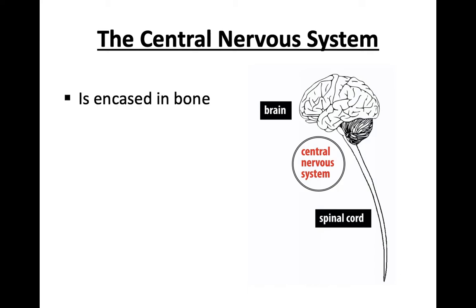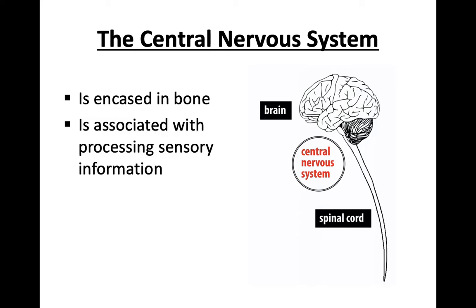So let's talk about the central nervous system first. The central nervous system is the part of our nervous system that is encased in bone. So we have, of course, the brain that is encased in the skull, as well as the spinal cord encased in our spine. And as I said before, this is the portion of the nervous system that is most associated with processing sensory information.